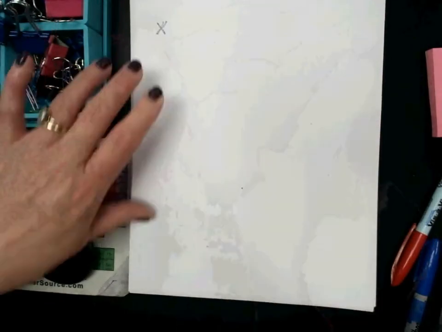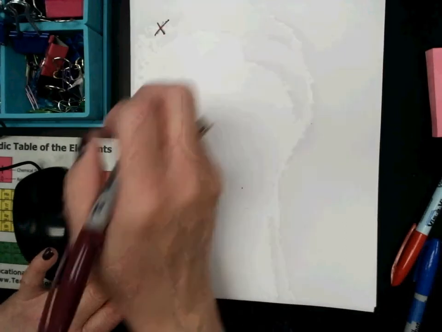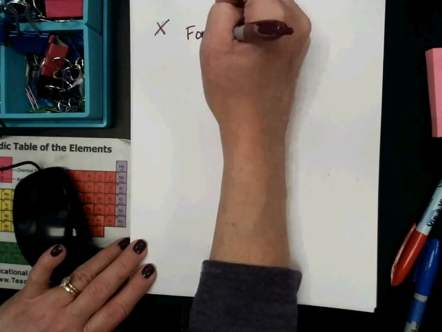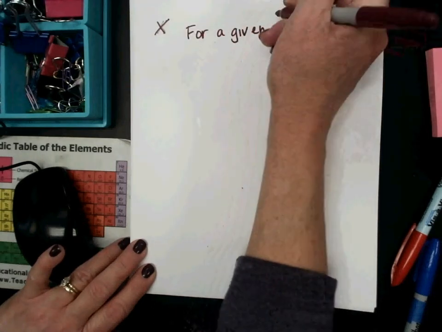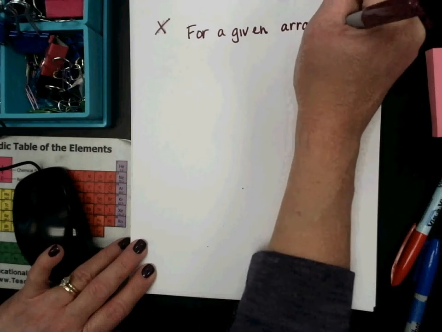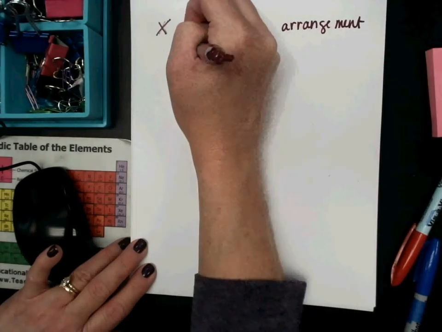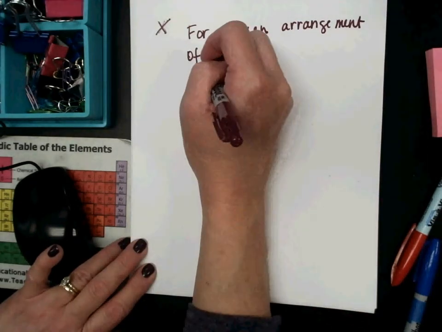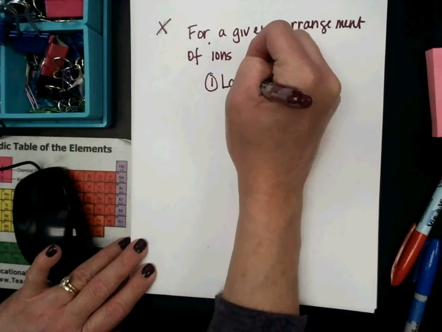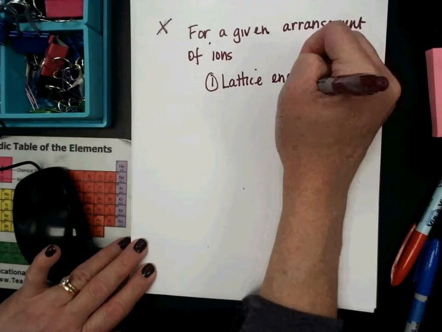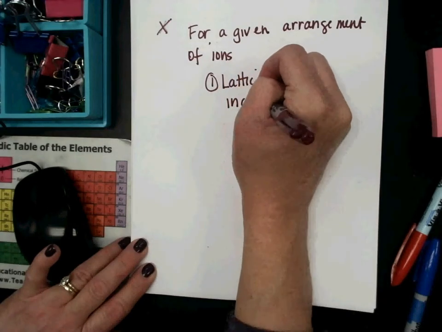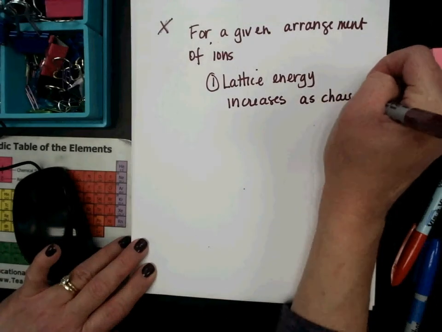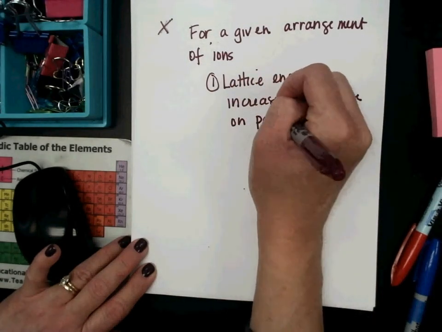I would say that by looking at that equation, first of all, for a given arrangement of ions, I could say, number 1, lattice energy increases as the charge on the particle increases.